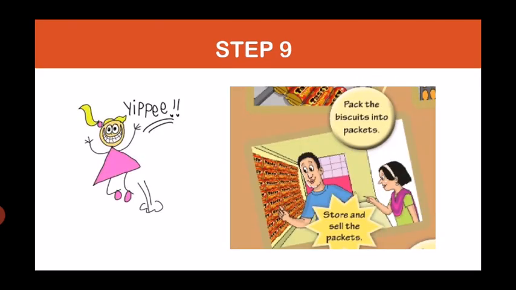And in step 9, once your biscuits are baked properly, you have to pack them into lovely colorful packets. And then once your packets are ready, you will send them to all the shops and stores and supermarkets so that the children can buy those biscuits and eat them.